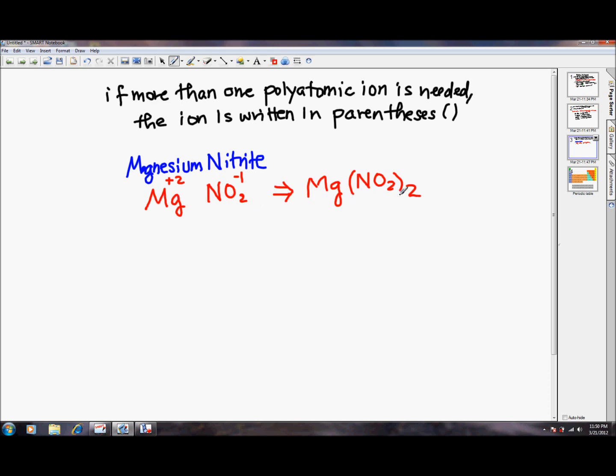Because if I just wrote NO2, that's just 1 NO2. That would just be -1, and this would not be a balanced compound, would not balance out to 0. So anytime you're switching the oxidation numbers to get the ratio correct, you need to put this in parentheses, then add on whatever number you're going to switch. Let's do a couple more examples of that, because that tends to be a little confusing.